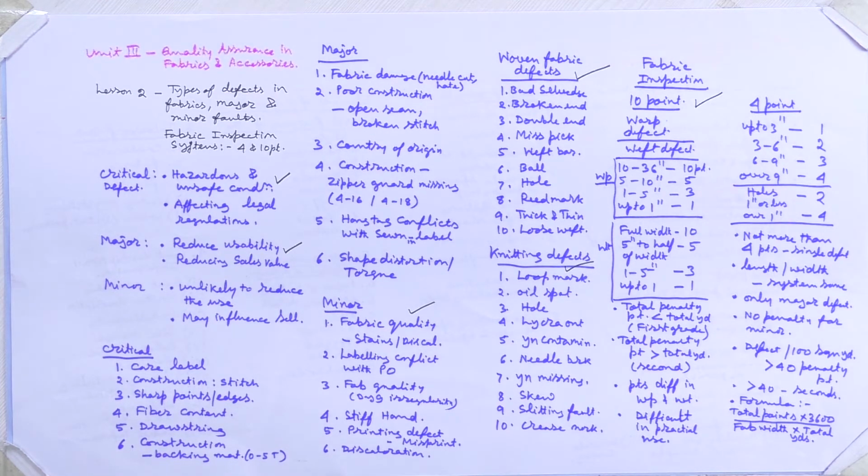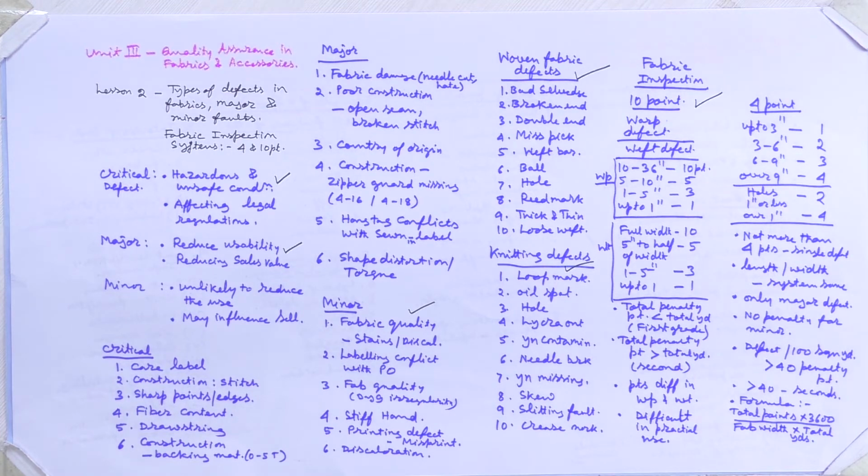Now the question comes again: how will we accept or reject a lot based on this 4-point inspection system? When you are assigning the penalty points, how are these points converted into the actual acceptance or rejection limit?